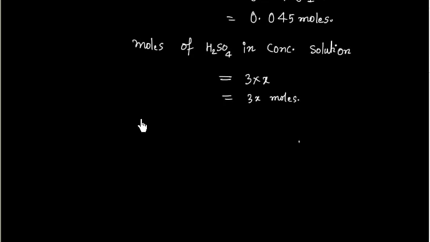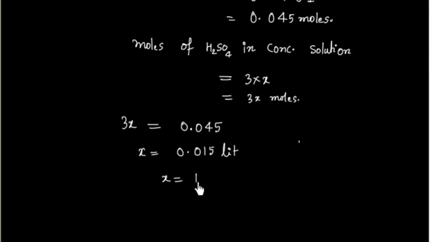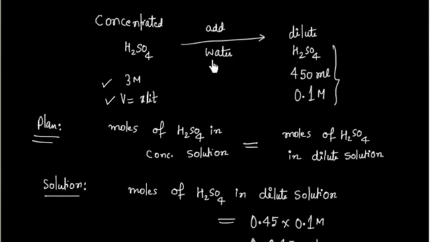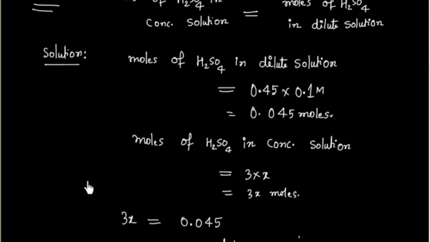Now we can equate these two because the initial number of moles of H2SO4 is the final number of moles of H2SO4. So from here we can calculate x, and this is 0.015 liter, that is x is equal to 15 milliliter. So we have to take 15 milliliter of H2SO4, add sufficient water, so that finally we have 450 ml of dilute solution.